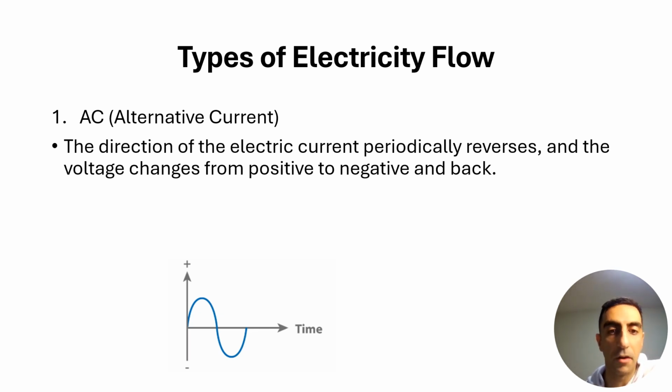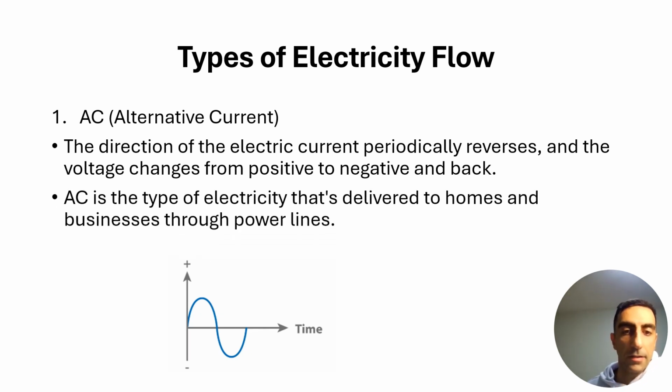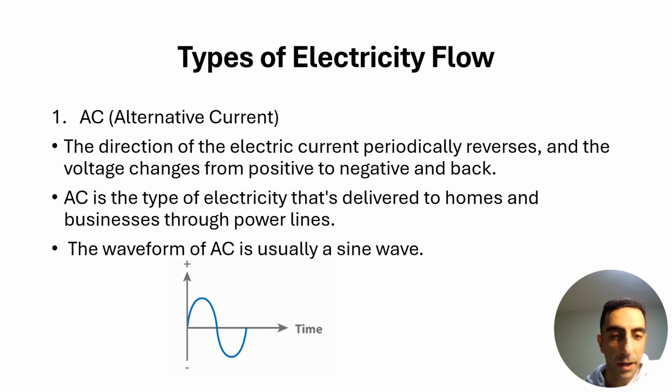When I say periodically, it has to be a period that just repeats itself. And AC is the type of electricity that's delivered to homes and businesses through power lines. So the real power that we're receiving at home is AC power. We get to that point. And the waveform of AC is usually a sine wave. You're definitely familiar with a sine wave, which is the wave you see in the picture.